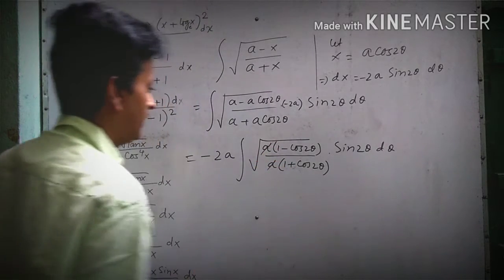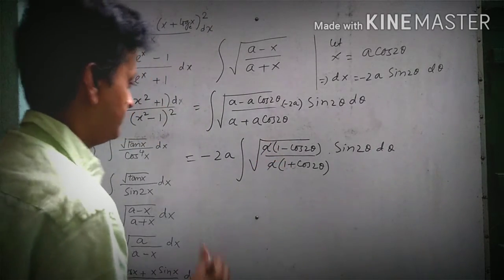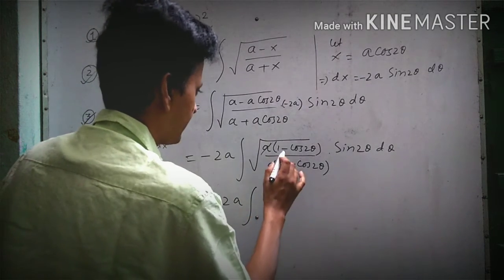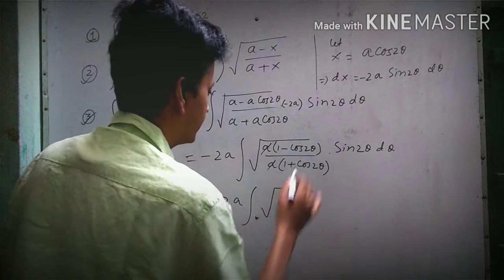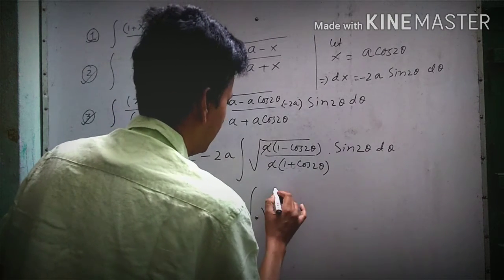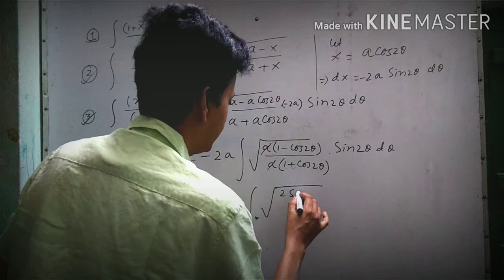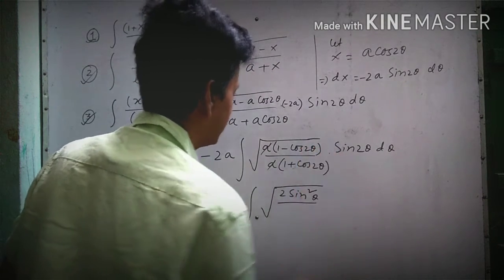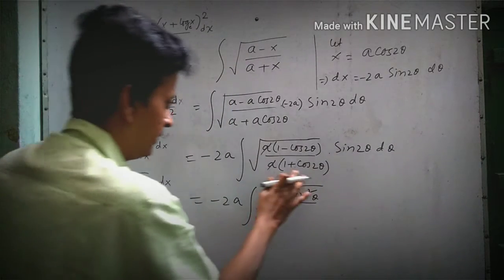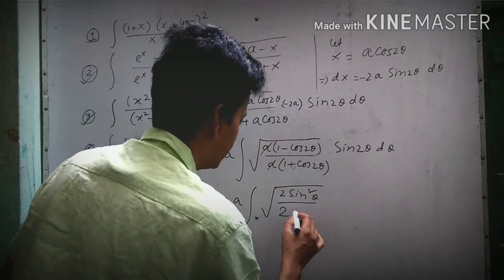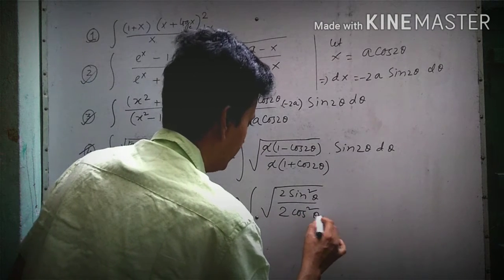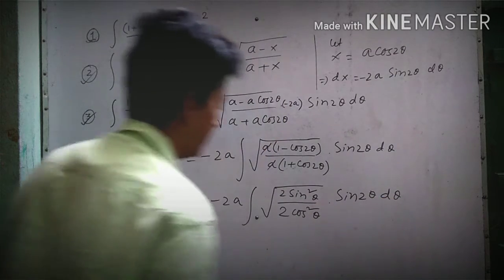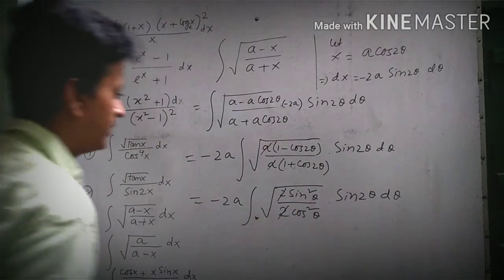So we can cancel a. Now we get minus of 2a into integration of, we all know that 1 minus cos theta is 2 sine square theta. Yes, it is 2 sine square theta, and this is 2 cos square theta, 2 cos square theta into sine 2 theta d theta. So here cancel 2 and 2.